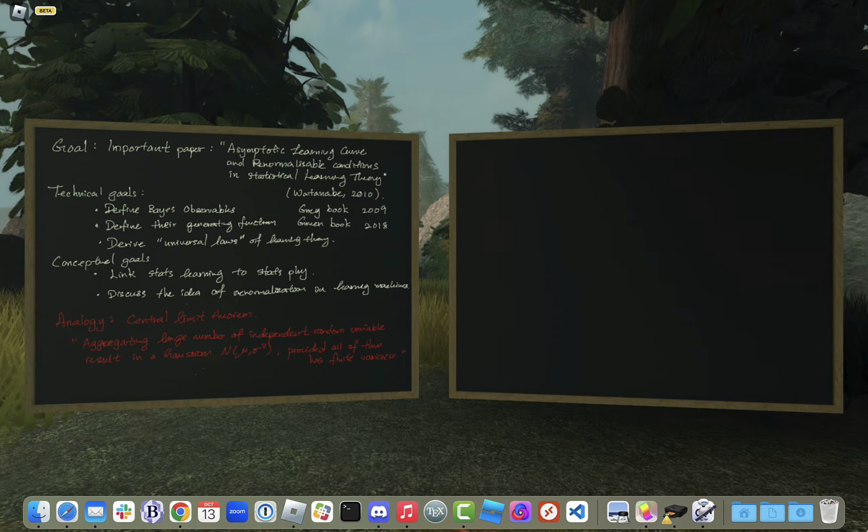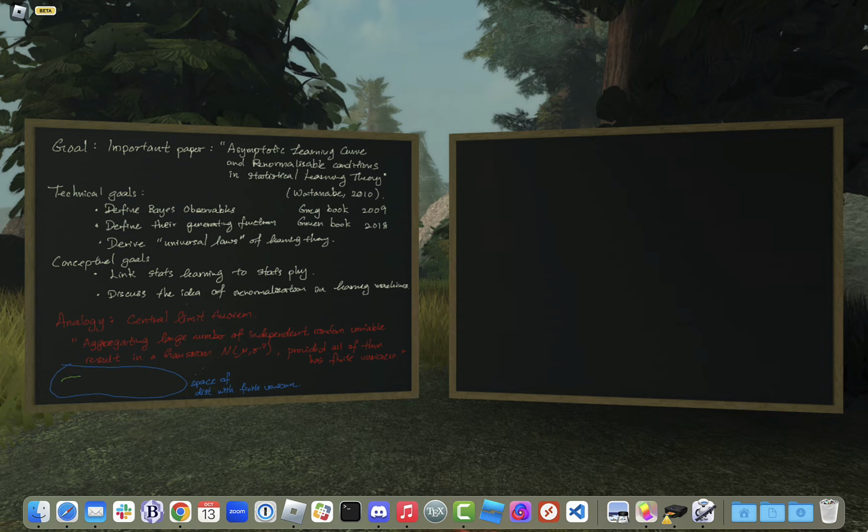And there's a lot of generalization of this result. Let me draw a picture. So we have a space of distributions with finite variance.